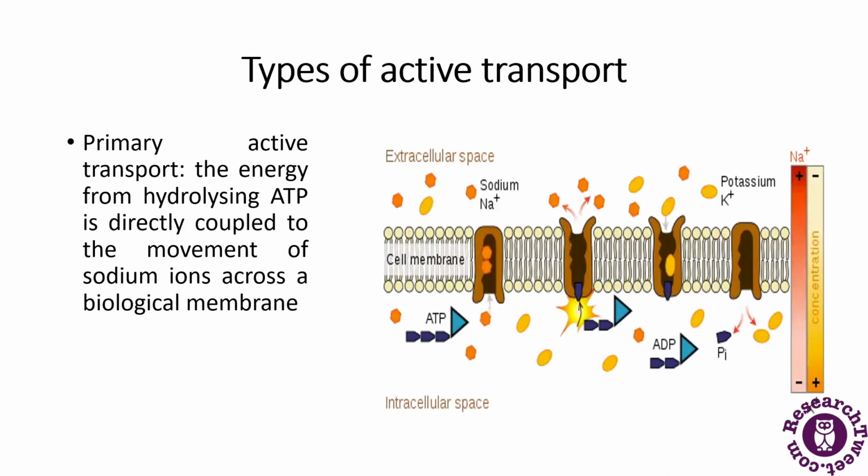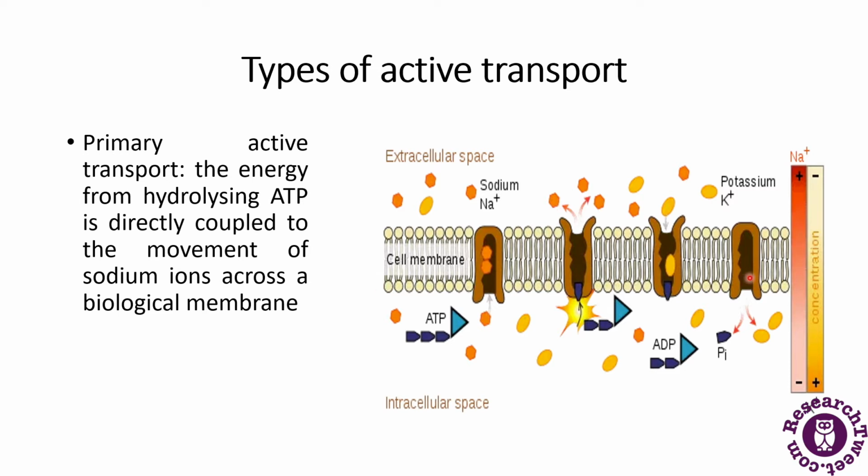Then there are two kinds of active transport, that is primary and secondary. So we will discuss these in detail. So this is a diagrammatic representation of primary active transport. The energy from hydrolyzing ATP is directly coupled to the movement of the sodium ions across a biological membrane.